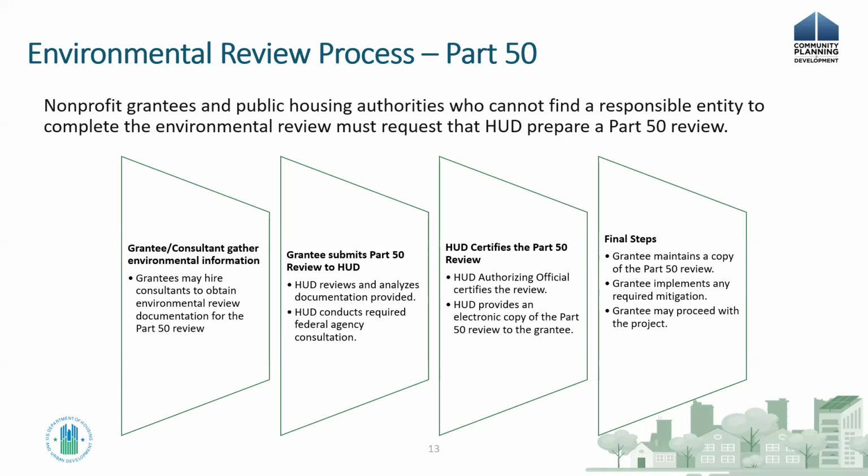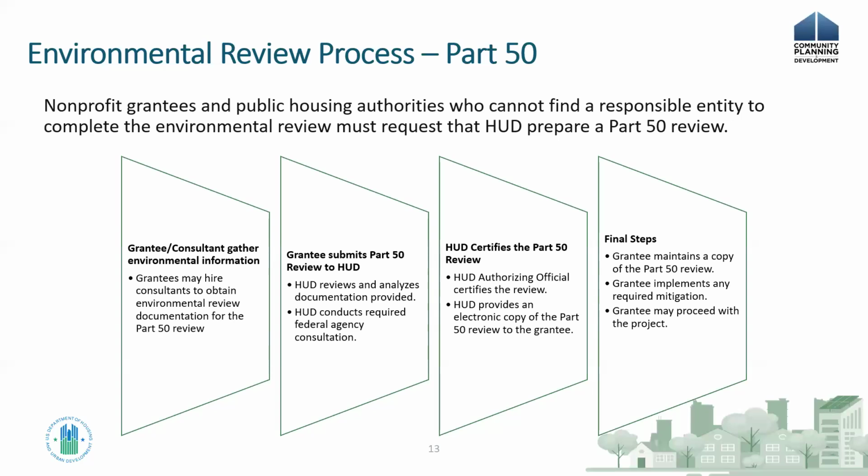And then once the environmental review has been approved and the grantee has a copy of that approved environmental review record, the grantee can then proceed with the project. But again, they must also implement and monitor any mitigation that's prescribed by the environmental review.